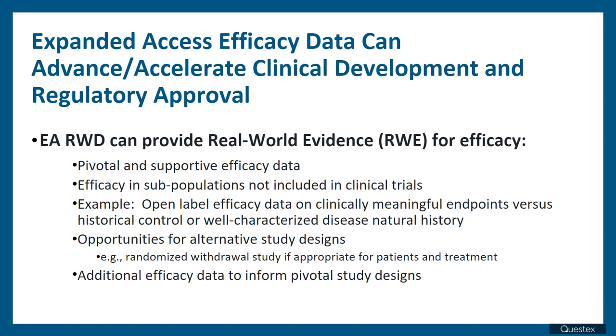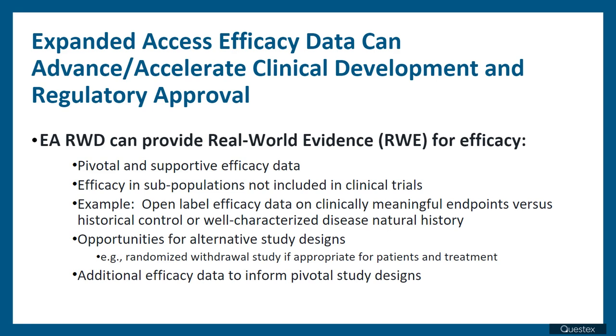It can develop efficacy data in subpopulations that are not included directly in your clinical trials, but that can inform your product's label and serve as supportive efficacy data. And then, as we've seen, real-world data from expanded access can serve as pivotal and confirmatory efficacy data, and perhaps serving in lieu of a randomized controlled clinical trial.